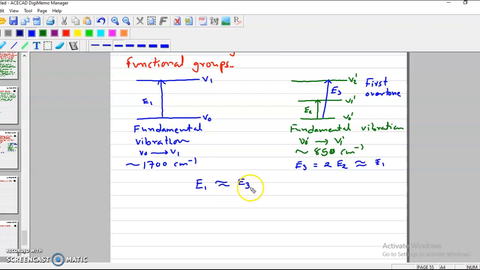Now in this case we can say that these two have equal energy: the fundamental vibration E1, and the first overtone of the fundamental vibration, E3.